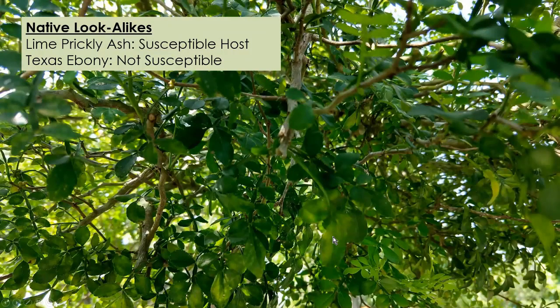The terminal leaflet of that blurry leaf has one side that's a lot darker than the other. And then the other leaflets on that same blurry leaf are way out of whack.